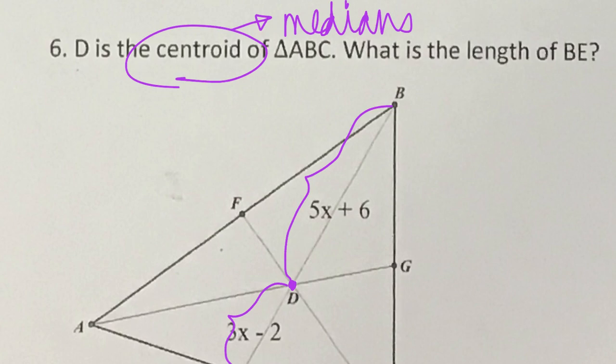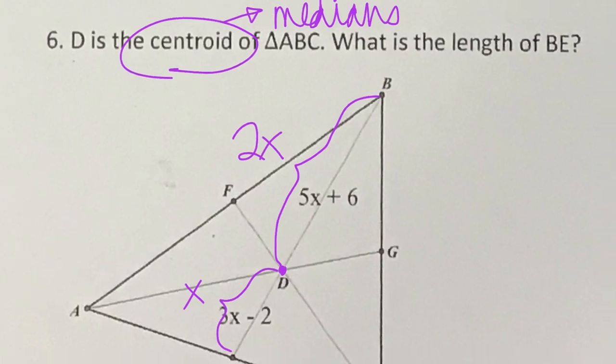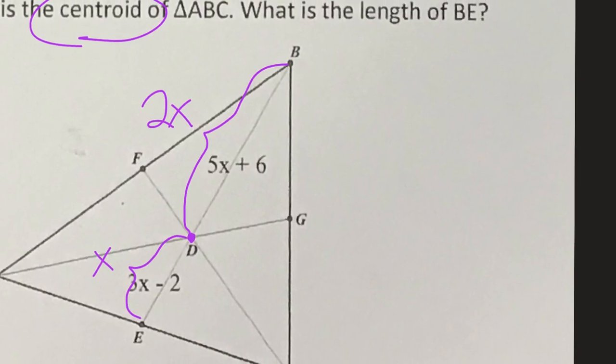Twice as long, right? This much from B to D is twice as long as this much from D to E. From your centroid, which is point D, to your vertex is 2 times as long as from your centroid to your midpoint.